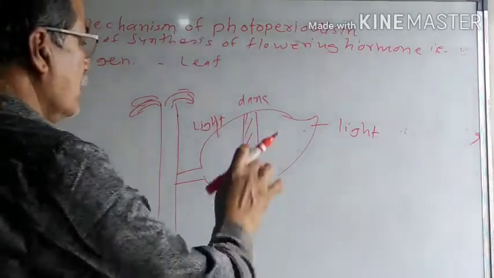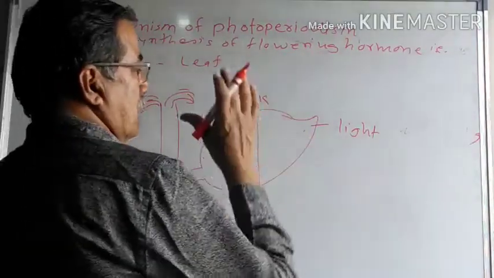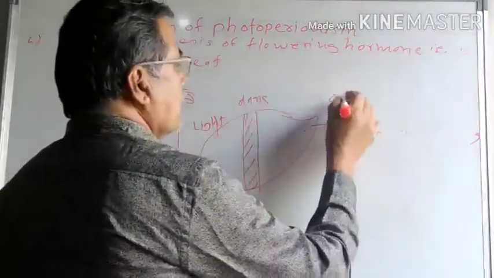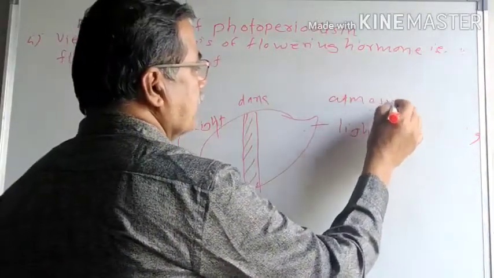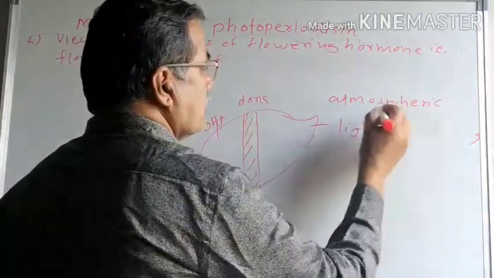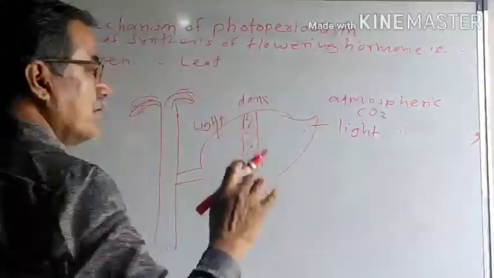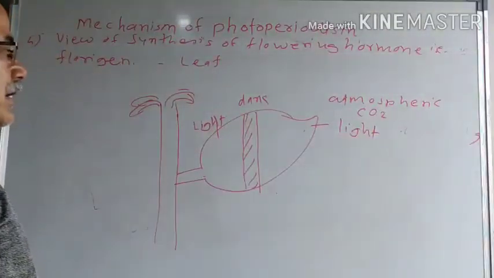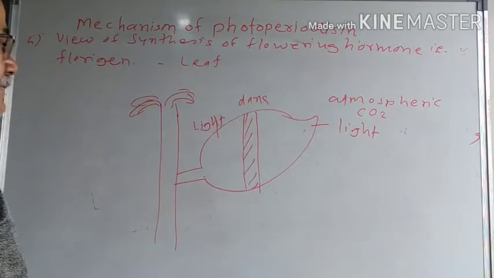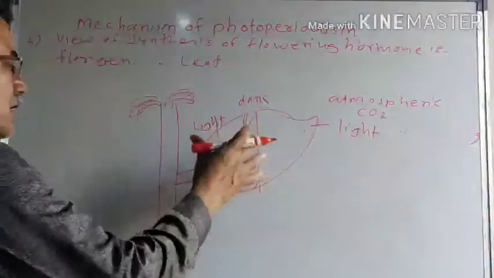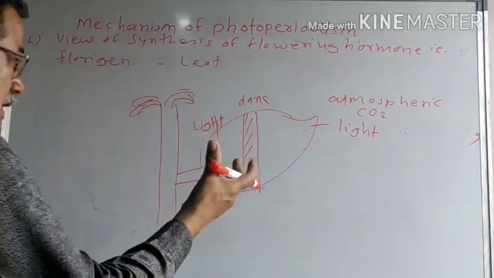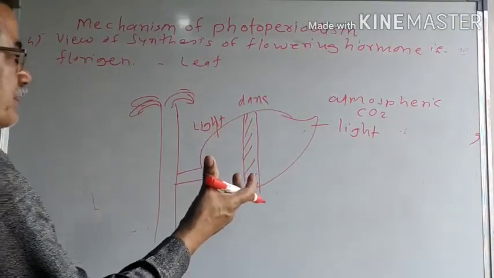Here, during the light period, atmospheric carbon dioxide is absorbed by the leaves, because leaves mostly have a larger, expanded blade.